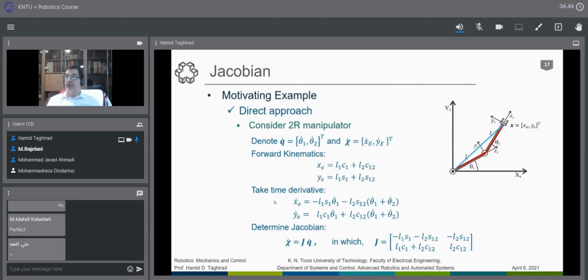The time derivative of these two will result in theta dot 1 and theta dot 1 plus theta dot 2. Considering that Q dot is theta dot 1 and theta dot 2, and by factorizing, we come to a Jacobian matrix, which is a 2 by 2 matrix, since both Q and X have dimension 2.